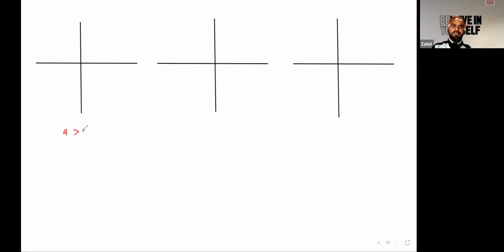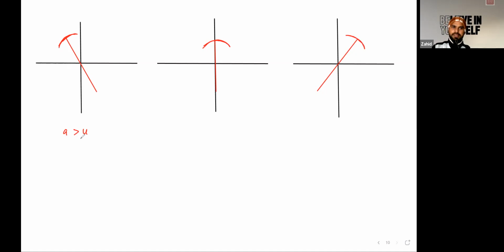If a is greater than u, then phi will be positive. It means the inclination will be towards left, so the inclination will be like this. In the second case, if a and u are equal, there will be no inclination, so it will be like this. And in the third case, if a is less than u, or if a is 0, it will be like this. So in the first case, the umbrella should be like this. In the second case, it should be like this. And in the third case, it should be like this.